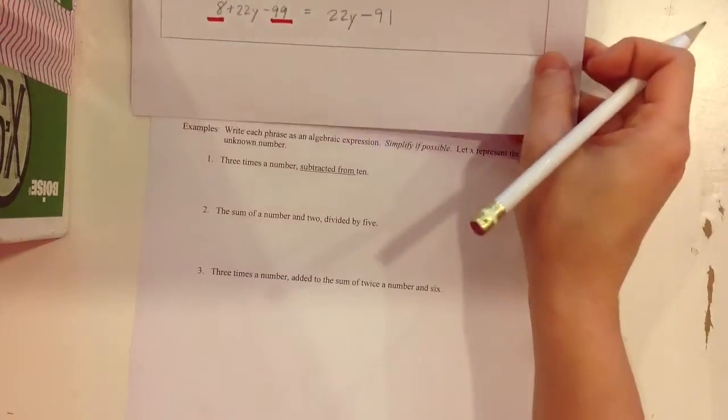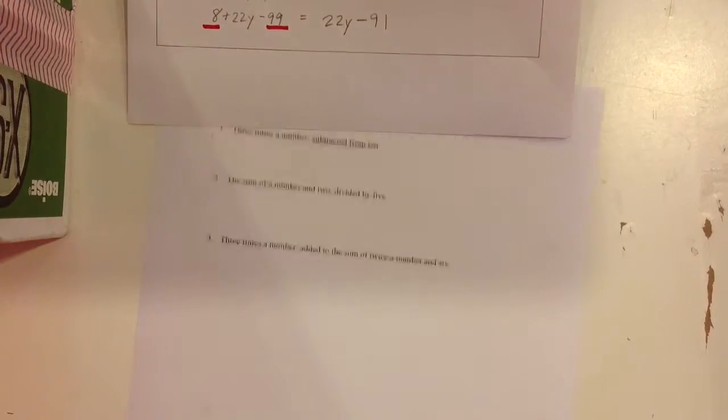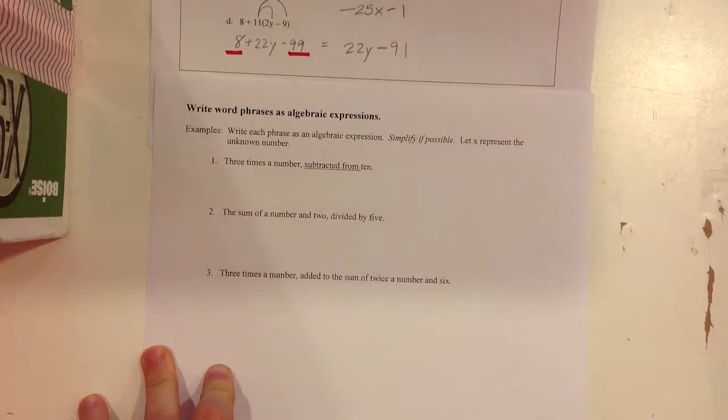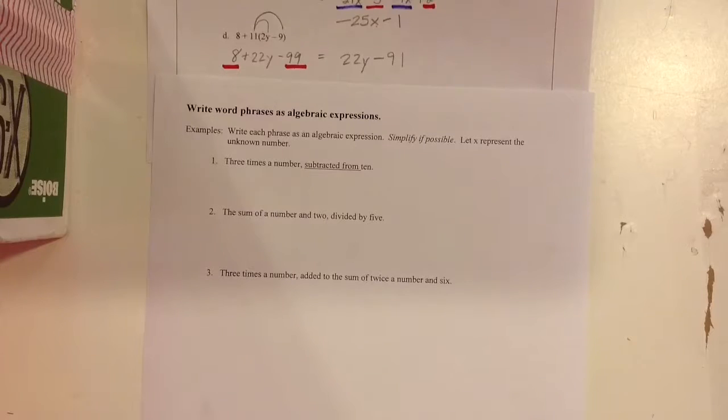The last thing we have for this section is writing words and phrases as algebraic expressions. So this is exactly what we did when we translated in our first section, using our subtraction rules. I want to remind you there were two phrases that I wanted you to watch out for, and it was subtracted from and less than.